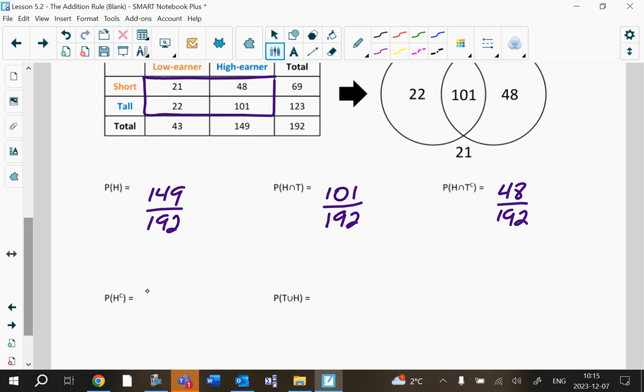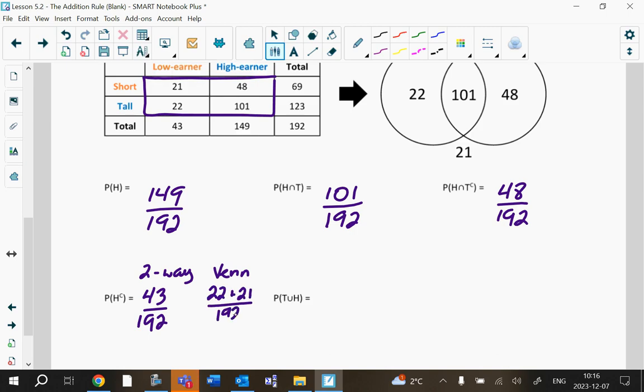So that's from the table. If we were to do it from the Venn diagram, we would have to say, okay, everything outside the high earner circle. So 22 plus 21, which has to give us the same answer.